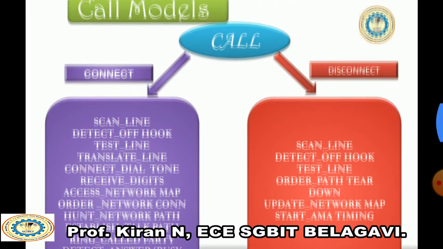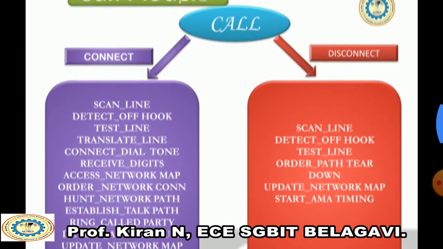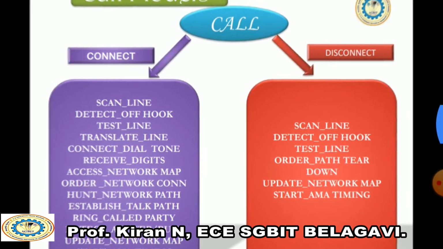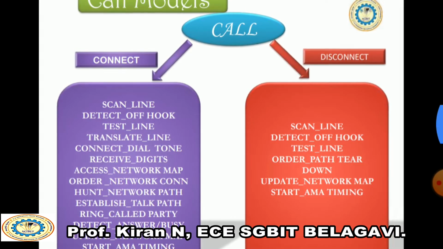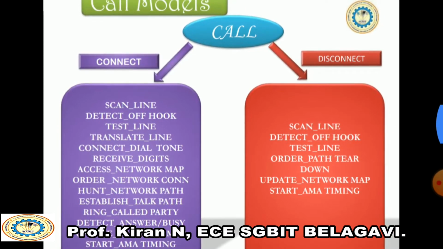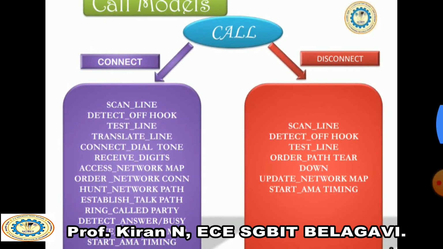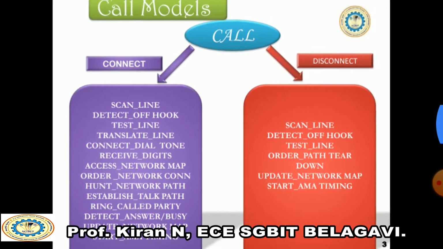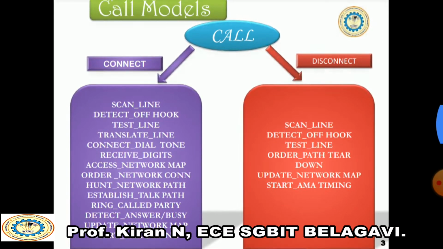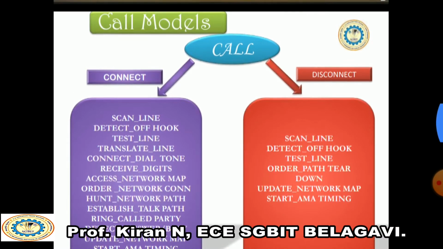In scan line, continuously test tones or busy tones will be sent in order to detect whether a subscriber on the other side is busy, that is, to detect whether the subscriber is off hook or on hook. To do this we send a test line and we translate the line.